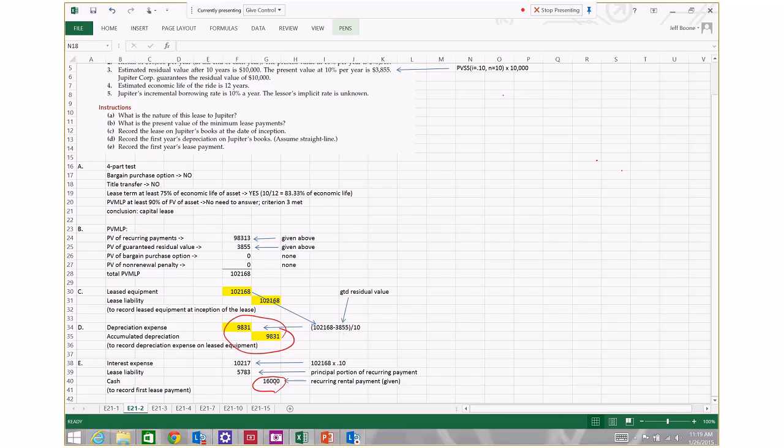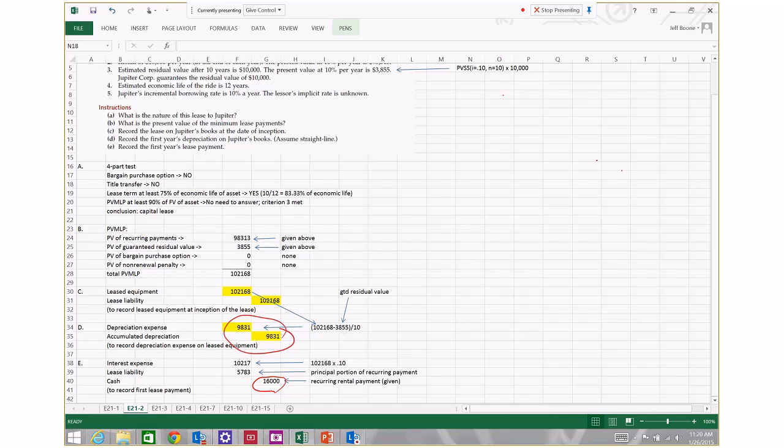And then we have to take that $16,000 payment and array it into the part that is characterized as interest and debit interest expense for that amount, and a part that is considered a payment of principal, and let that payment of principal portion reduce the lease liability account.